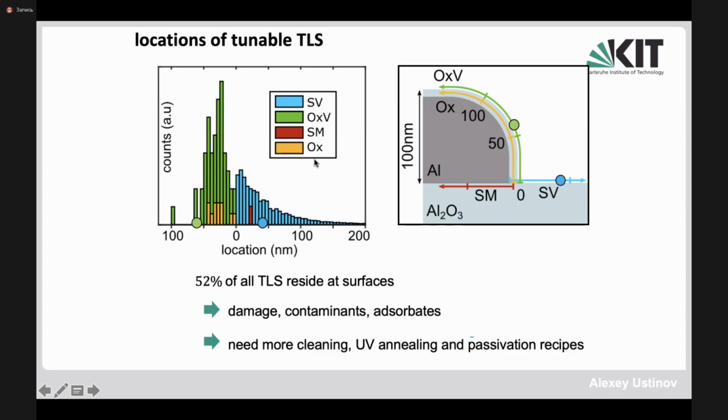And the majority of the defects actually occurs on the surface of the oxide. So once you have oxidized aluminum film, that's where amorphous oxide attracts other contaminants and exacerbates, and that's where actually the largest number of defects, in particular strongly coupled defects, are present.